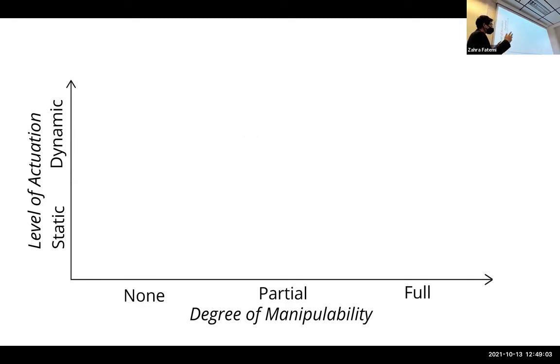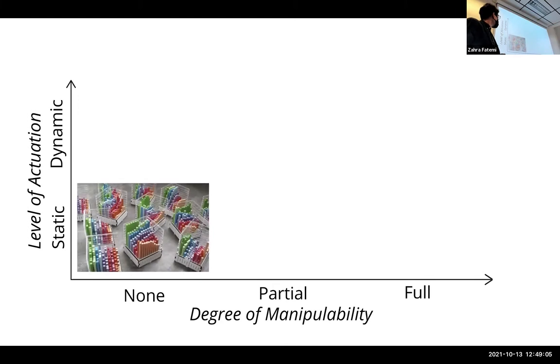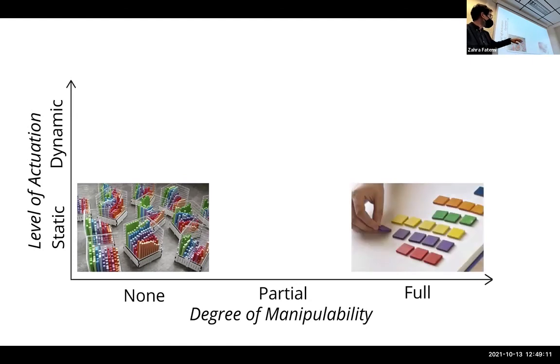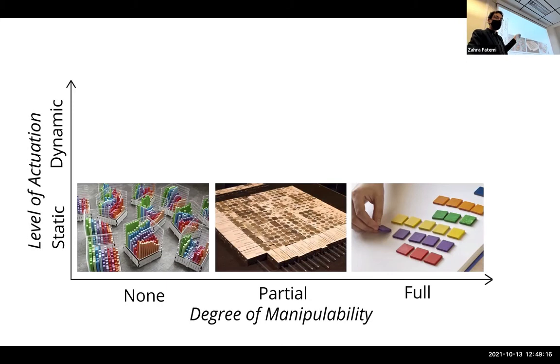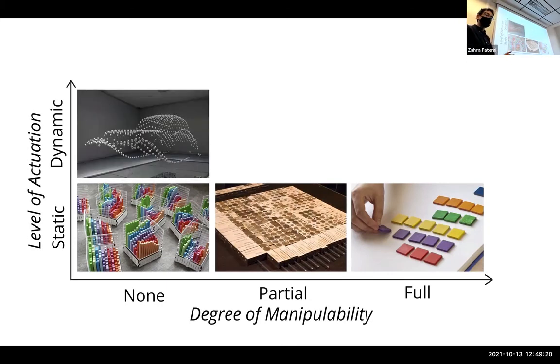And then we can place existing physicalizations in that space, like the 3D bar charts that are static and not designed to be manipulated, these tokens that are more manipulable, but also static, the matrix I showed at the beginning. And so far, most of the physicalizations have actually been static, and dynamic ones seldom support manipulability.